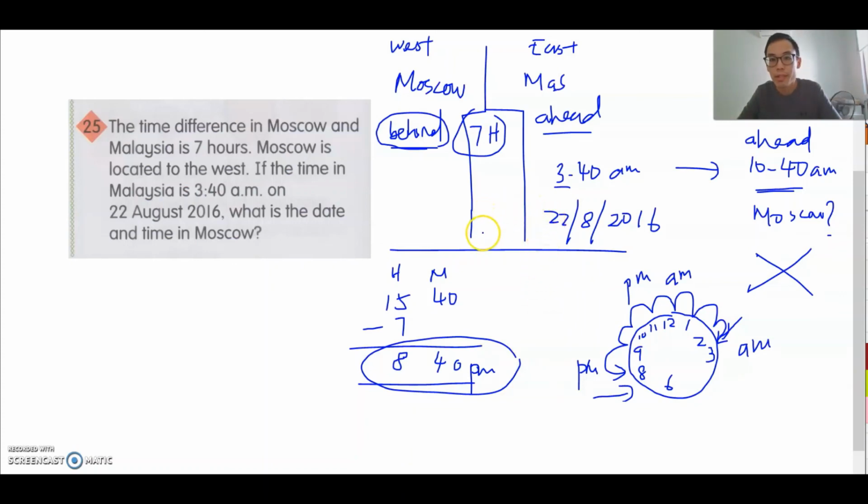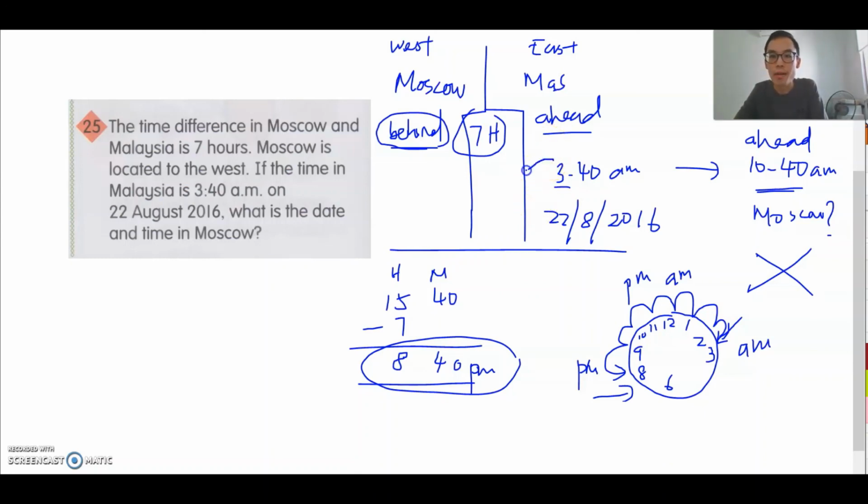And what about the date? Now remember, when do we get into a new date? It's at 12 AM, right? We get into a new day at 12 AM. If you don't believe me, look at the clock on your phone tonight. Once the clock hits 12 midnight, the date will renew to the next day.